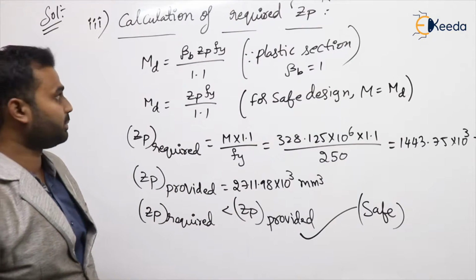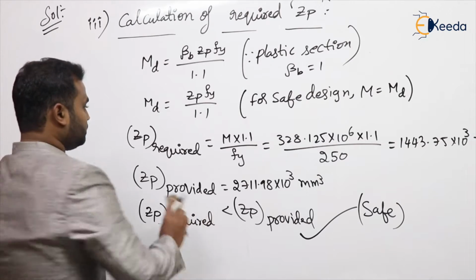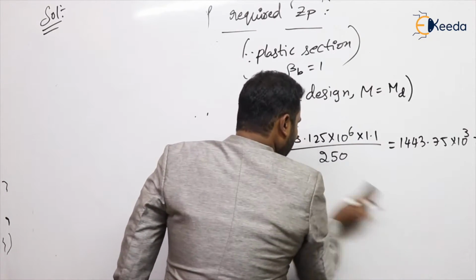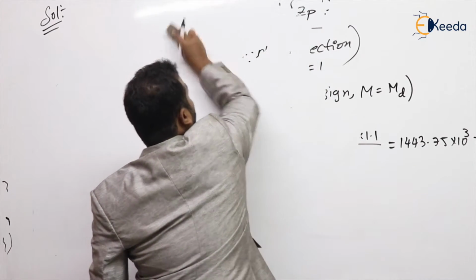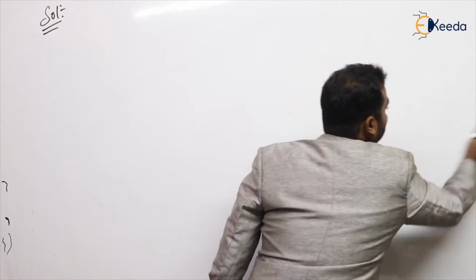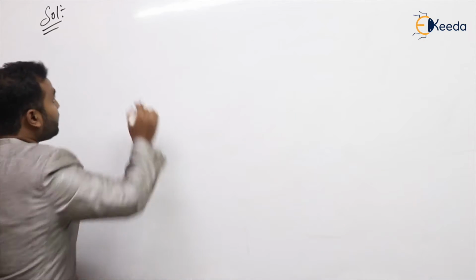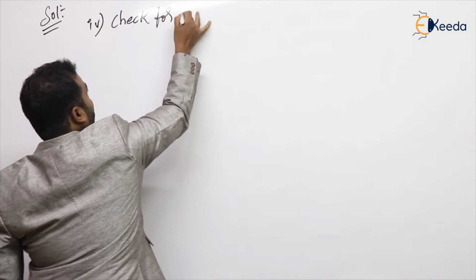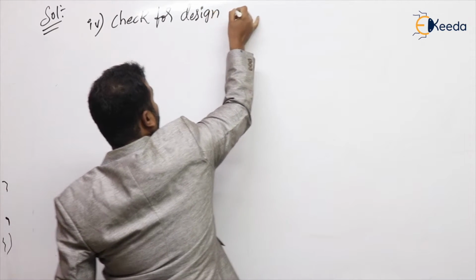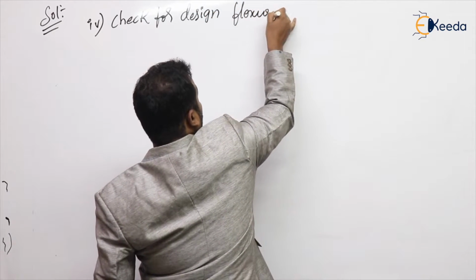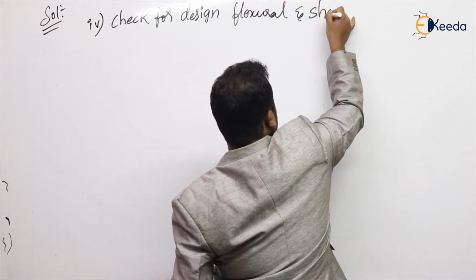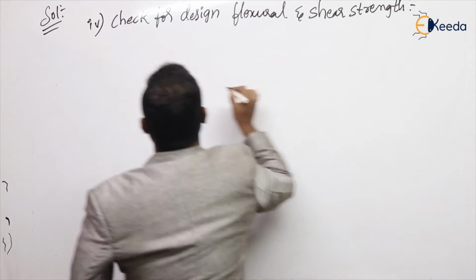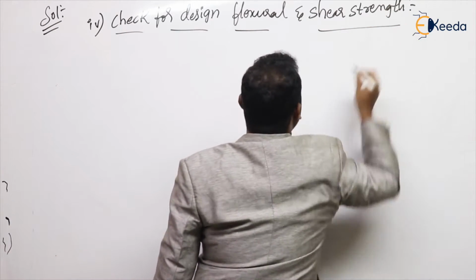Now let us go for the fourth step. The fourth step is to check for design flexure and shear strength.